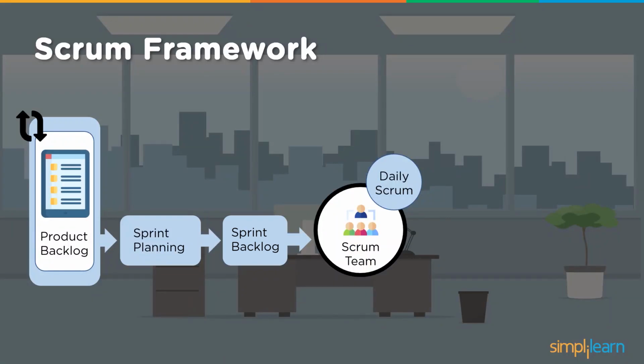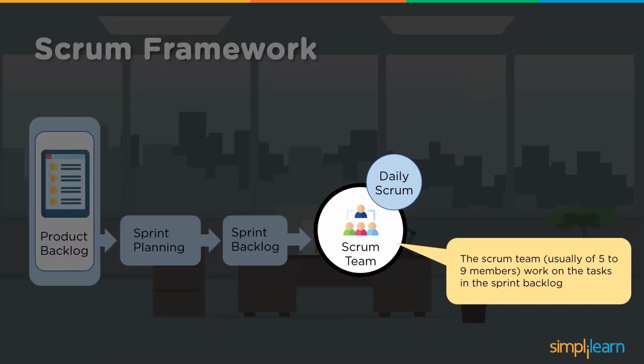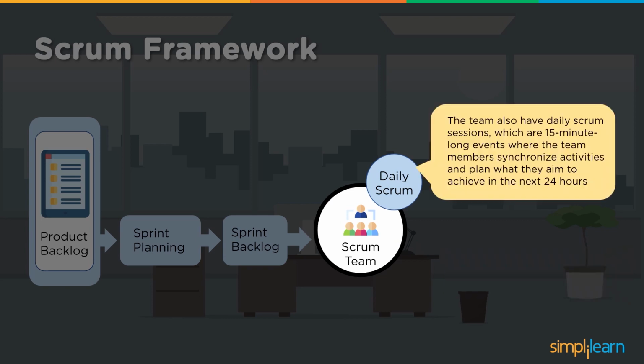Now the Scrum team, which is a self-organizing team as we mentioned, maybe 5 to 9 members, works on the tasks in the sprint backlog, and they also have a daily Scrum where the team discusses for 15 minutes on the events, where team members synchronize activities and plan what they aim to achieve in the next 24 hours, and what is accomplished against what was discussed in the previous daily Scrum.